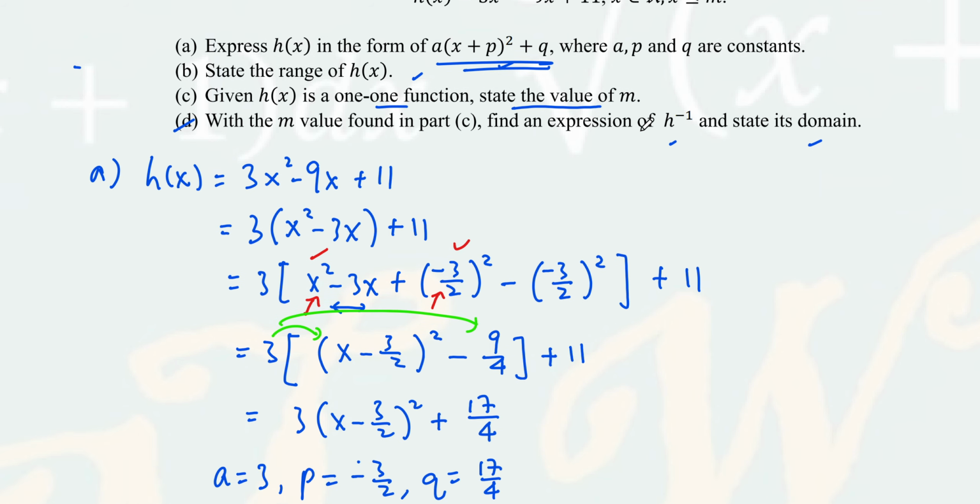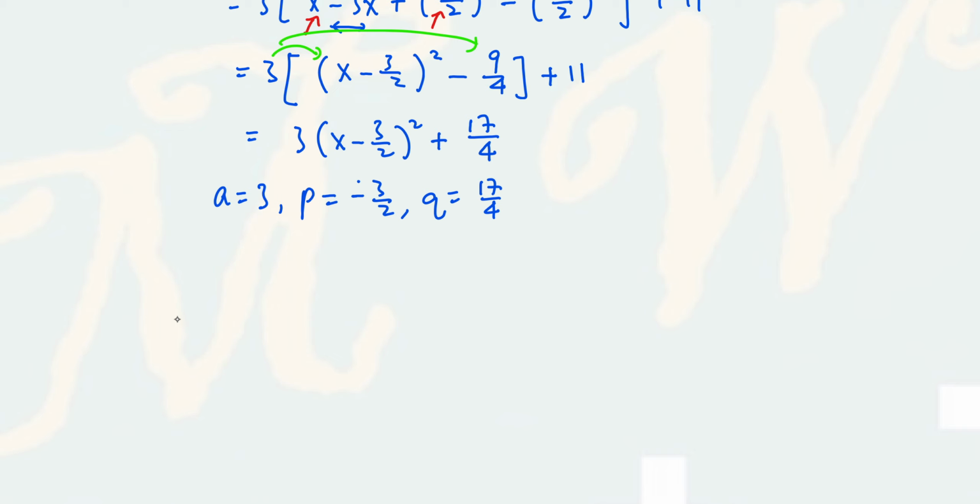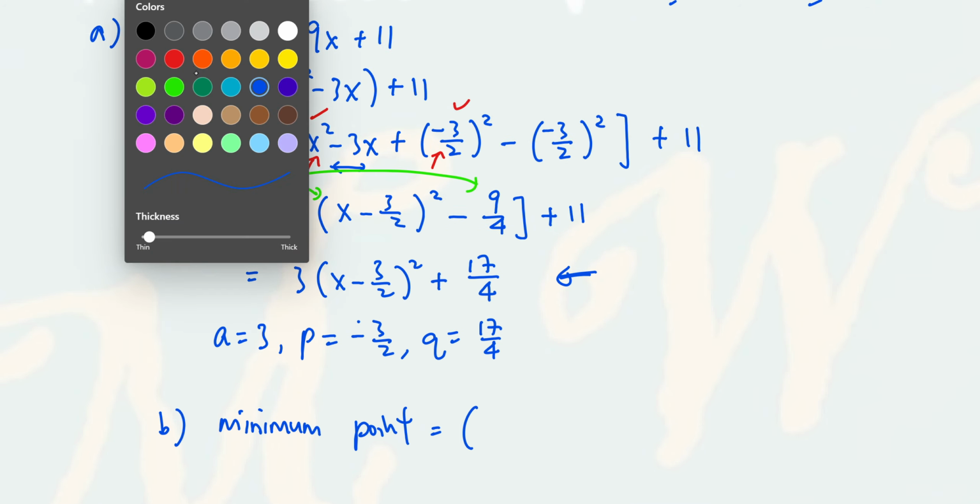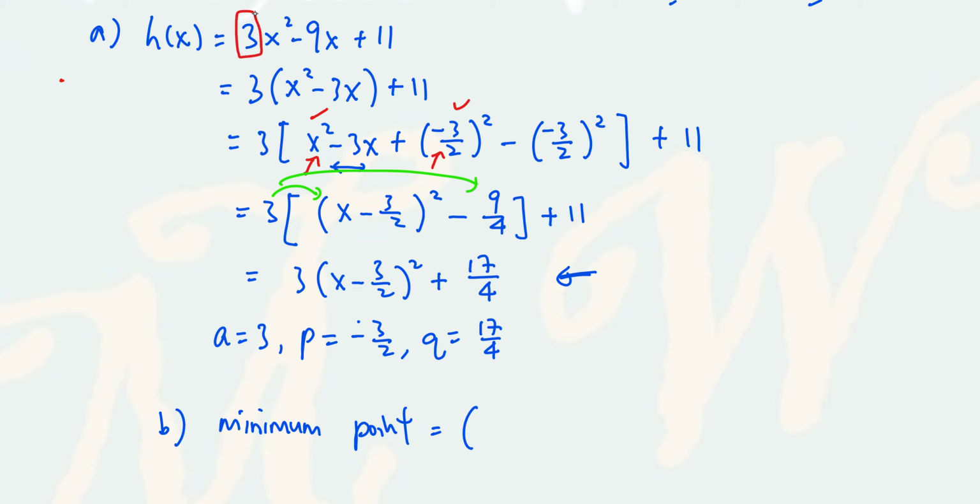Now b, state the range of h(x). From this completed square form, we are going to get the minimum point. How do I know it is a minimum? Look at the coefficient for x squared. This is positive, so when positive, you will be getting a minimum point.